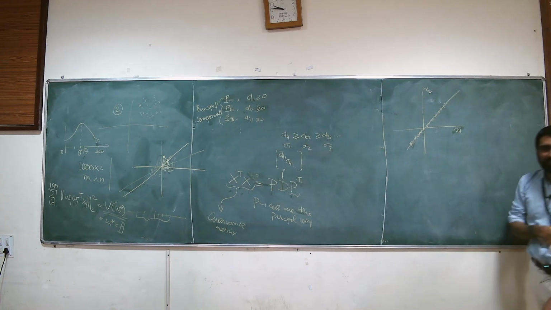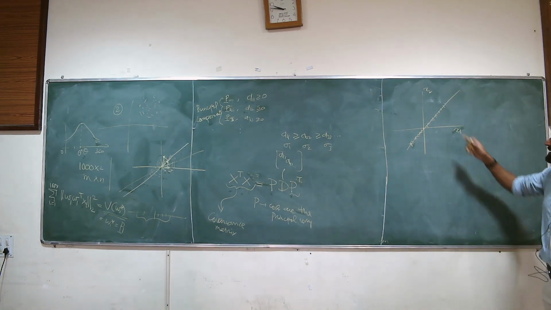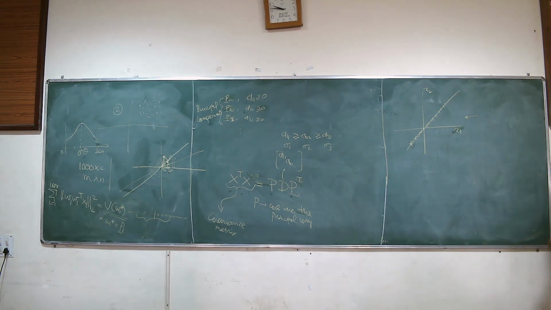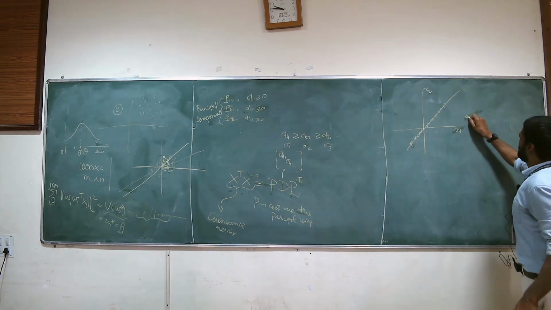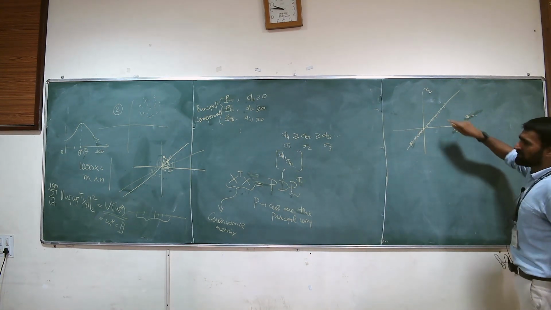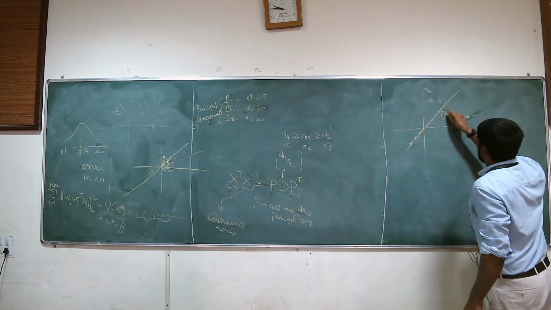If you see this, then one possible way to think of how this data is generated is, let's say this is your x1, x2.